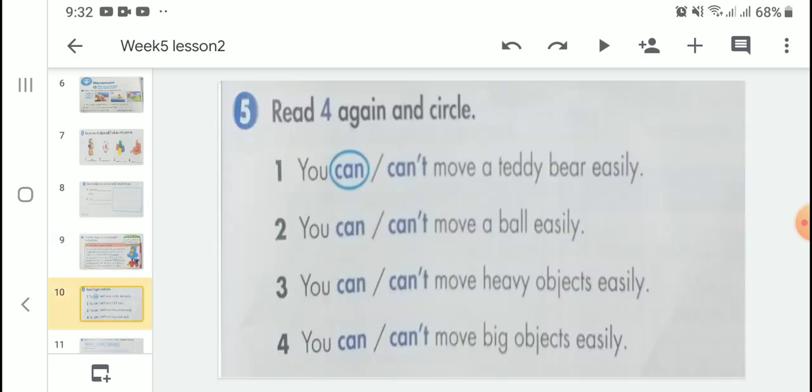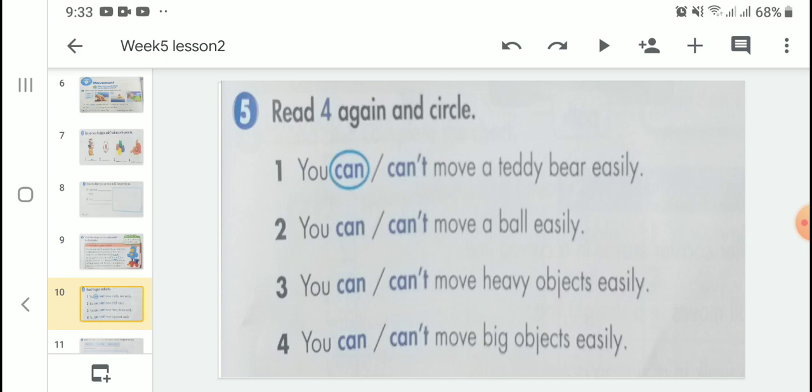Now move on to question number 5. Read the sentences and circle the correct option. Sentence number 1 is already done for you. You can move a teddy bear easily. Number 2 is you can or can't move a ball. So circle can because it is easily moved.